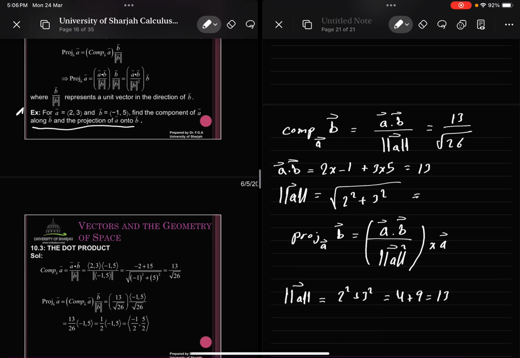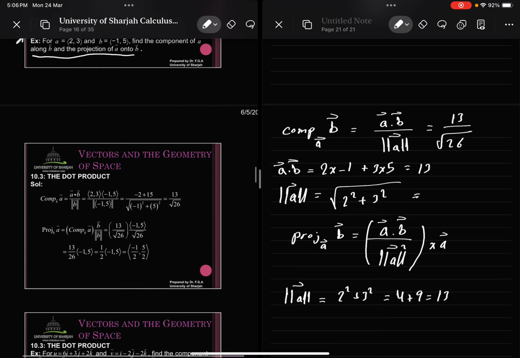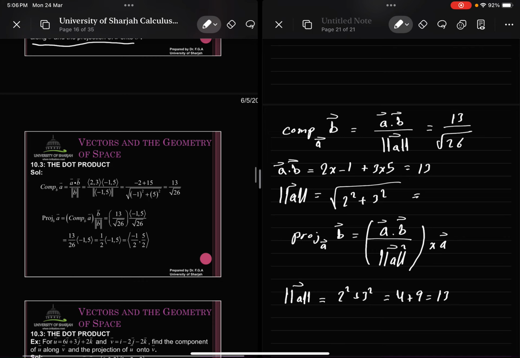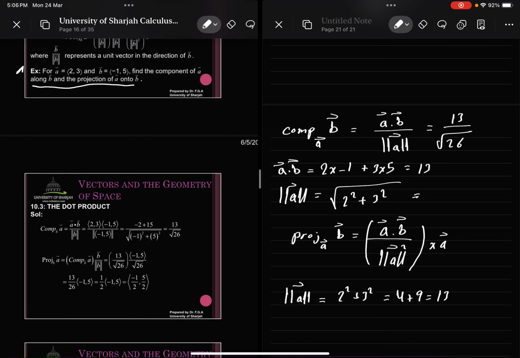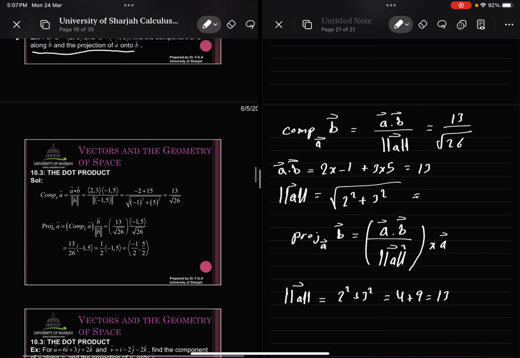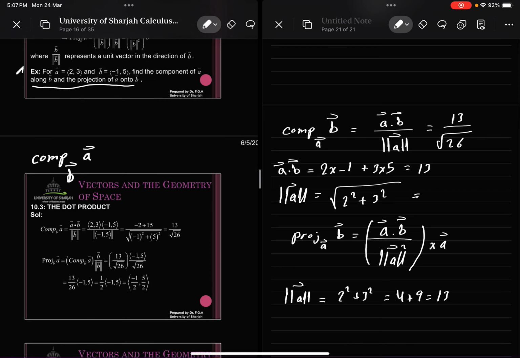Oh, I'm sorry. So here I think I am right, because he said that the component of a along b, that means a along b, but he solved it in another way, he solved it as comp b along a.